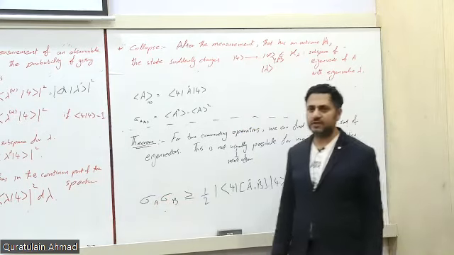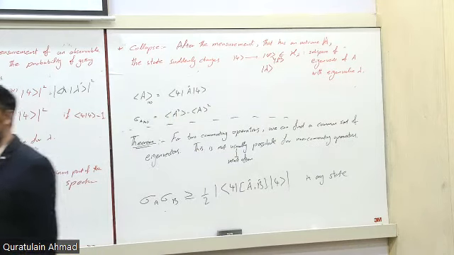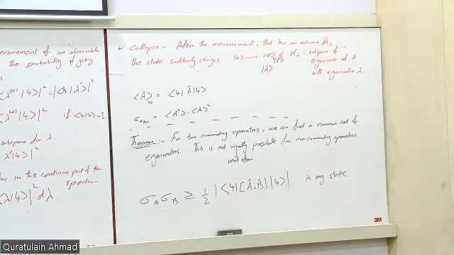One thing I forgot to say right at the start of the lecture is that in whatever I'm doing, I'm putting h bar, which is a parameter in quantum mechanics, equal to 1. I don't want to carry it around. No one does. But if you have to compare with actual numbers, then h bar is there.